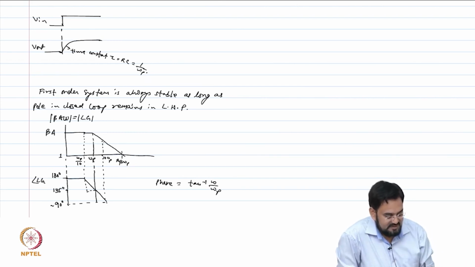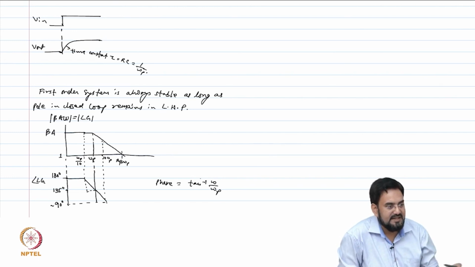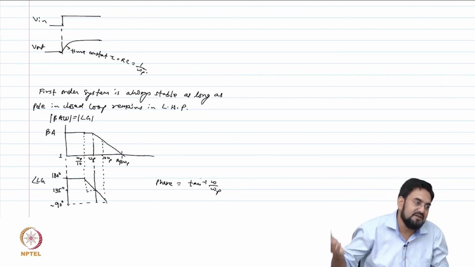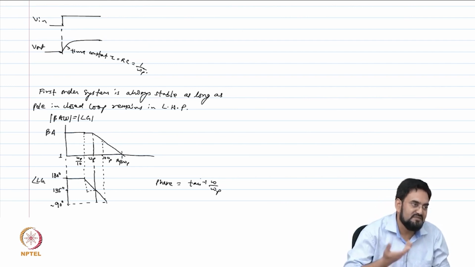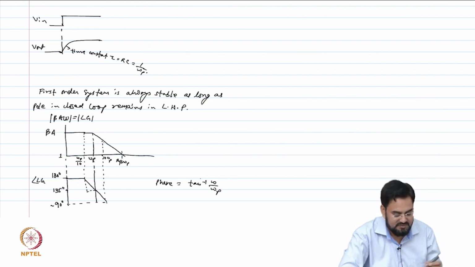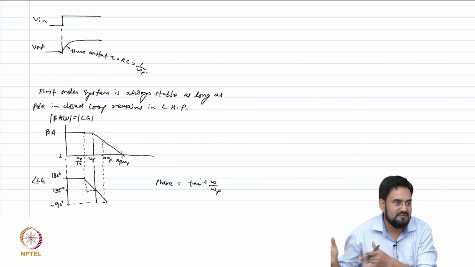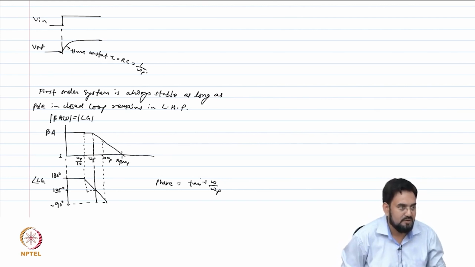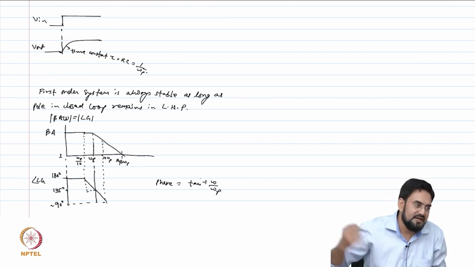Tan 90 is infinity, so at infinite frequency the phase shift will become 90 degrees, but usually we say that by the time you go beyond 10 times omega p, your phase will become 90 degrees.